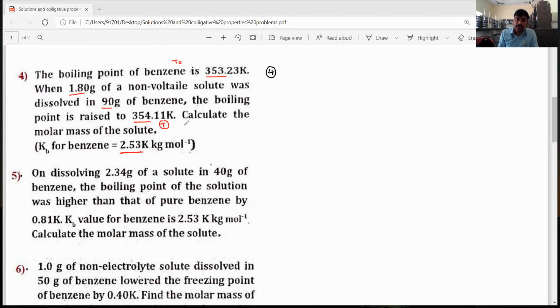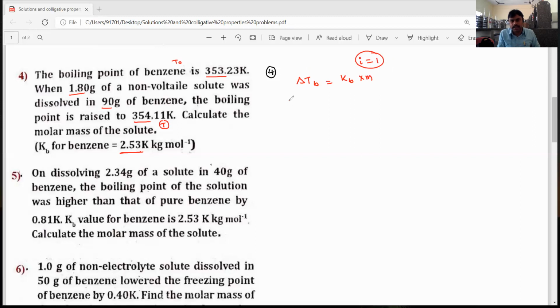So we need to find out the molar mass of the solute. For this case, since they said non-volatile solute, i is equal to 1. Then delta Tb is equal to Kb into molality.